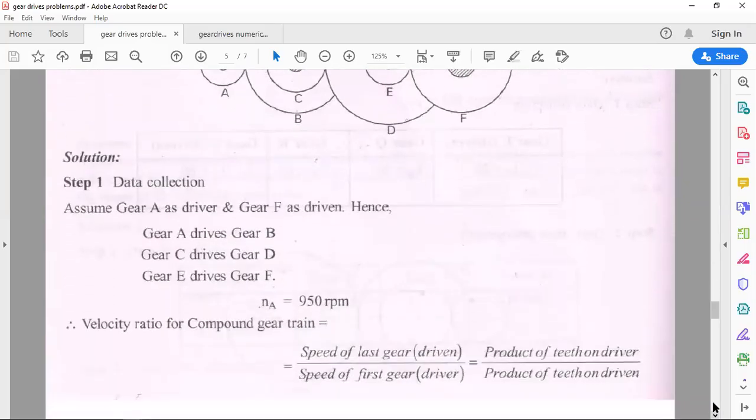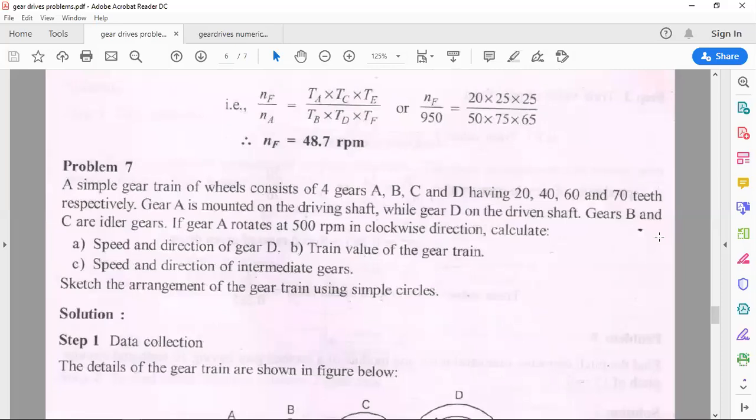So the equation is NF by NA is equal to TA into TC into TE divided by TB into TD into TF. By substituting all the values, I get NF as 48.7.